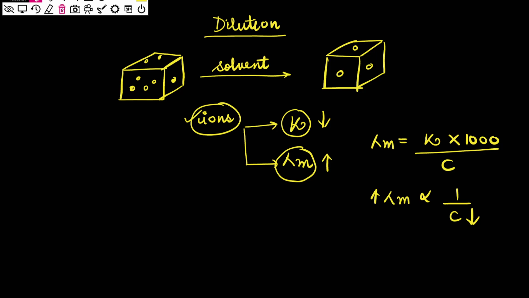So the first point was this only, that if the concentration of the electrolyte in the solution is increasing, then the ions available per unit volume will be high, and in that condition the overall conductivity will increase.